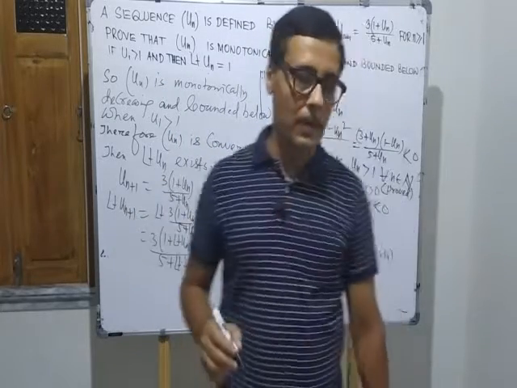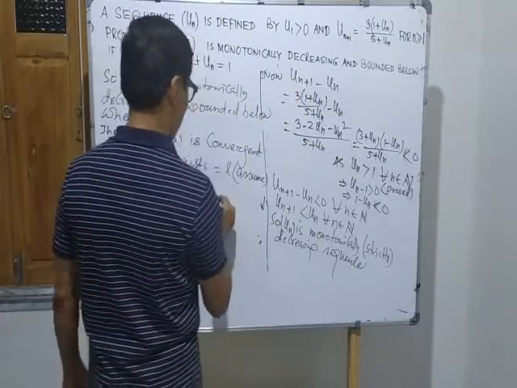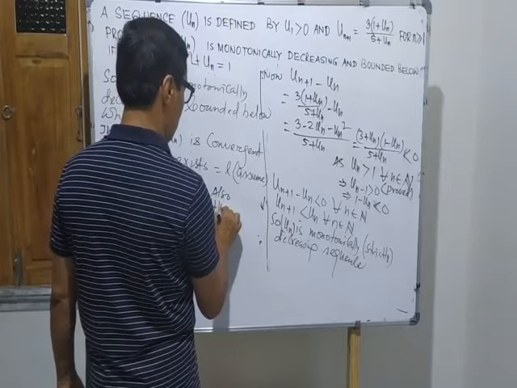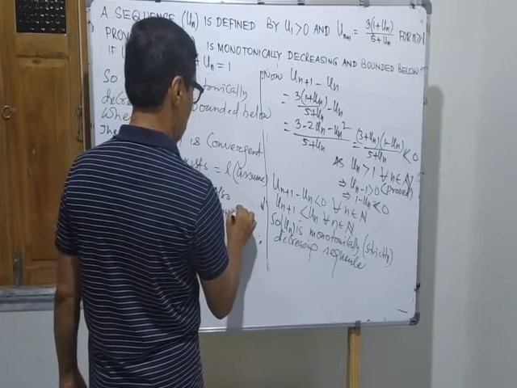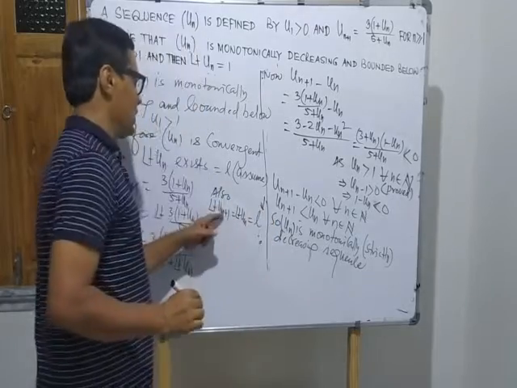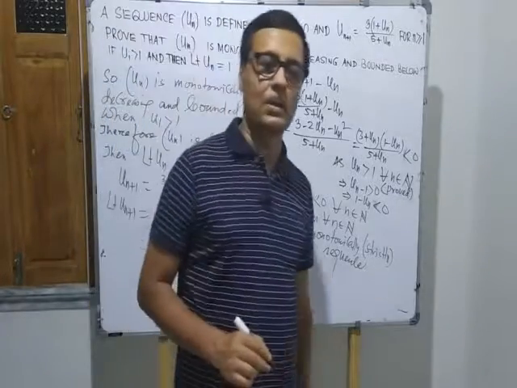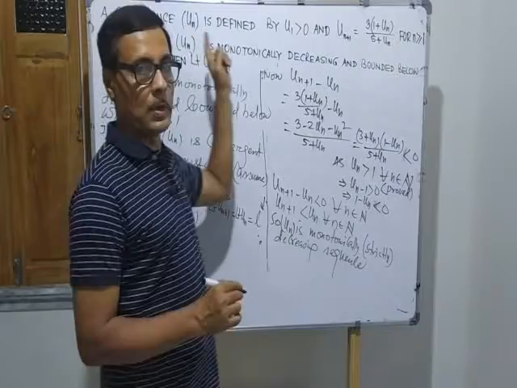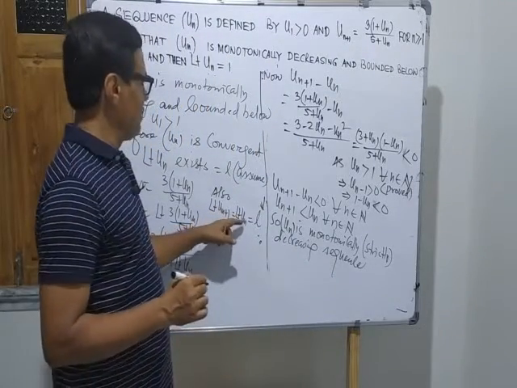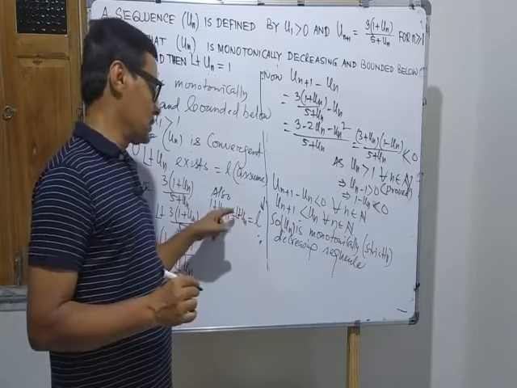Also limit un plus 1 equal to limit un equal to L, because un plus 1 and un are terms of the same sequence un. So limit un plus 1 equal to limit un equal to L, the same limit.